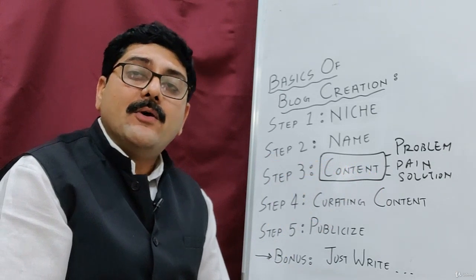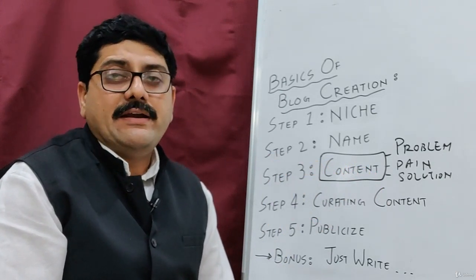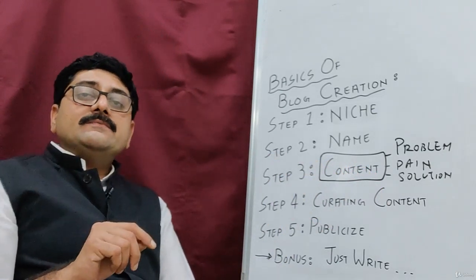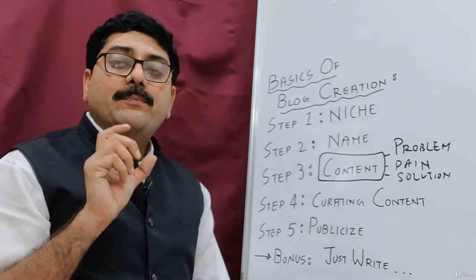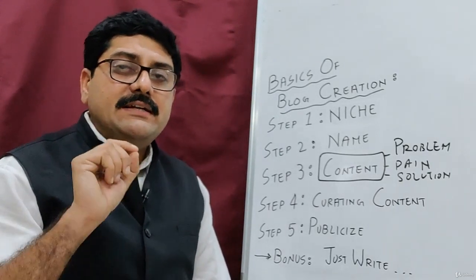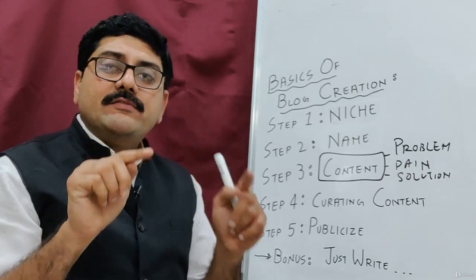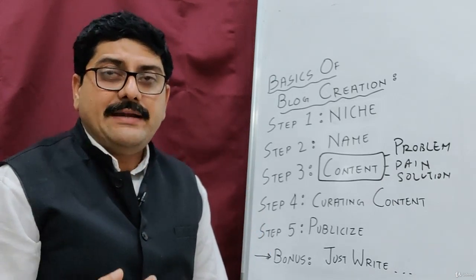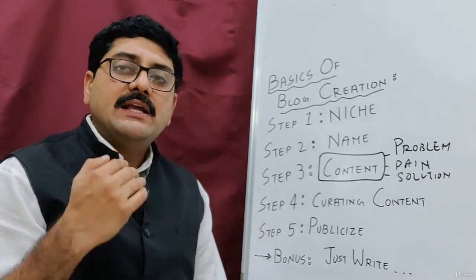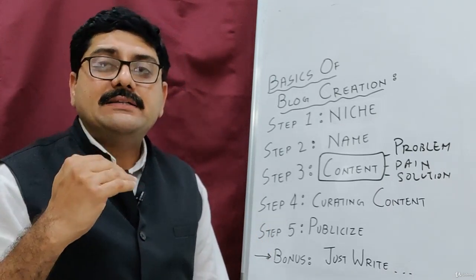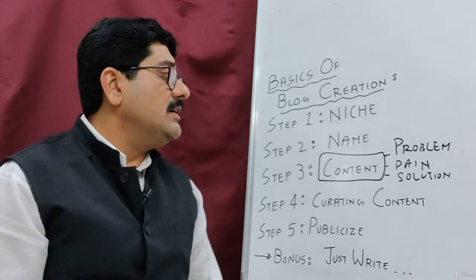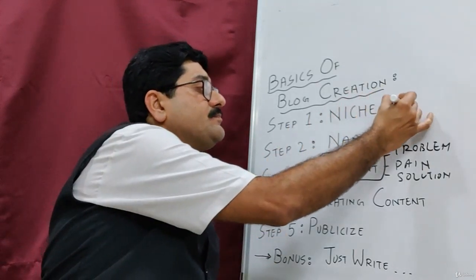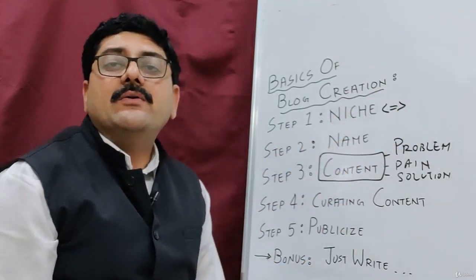Now, how can we have great content and where to find great content? The first part in this lecture that I want to project is, once you have decided the niche, you make a list of the topics by googling or searching on websites or search engines, what are the top topics trending in relation to the niche that you have decided.